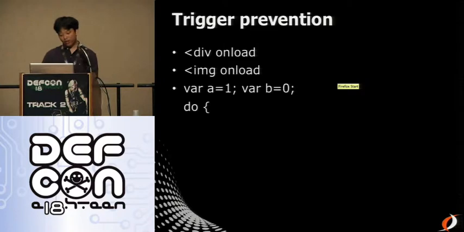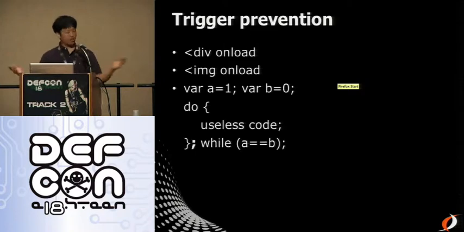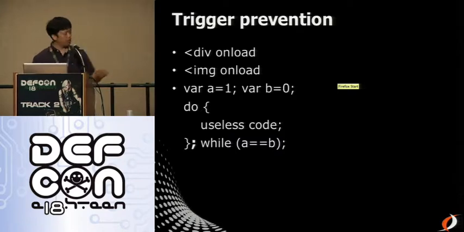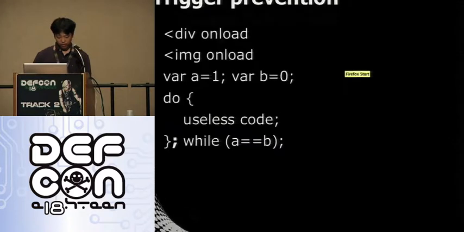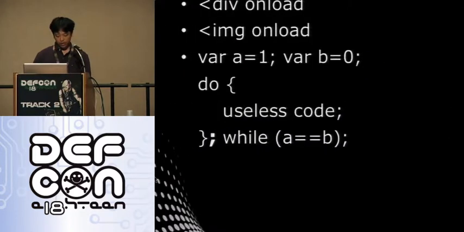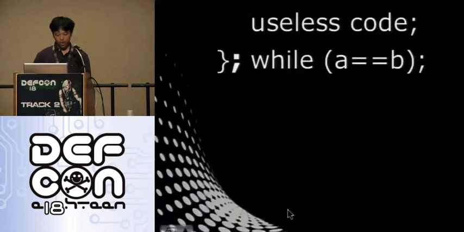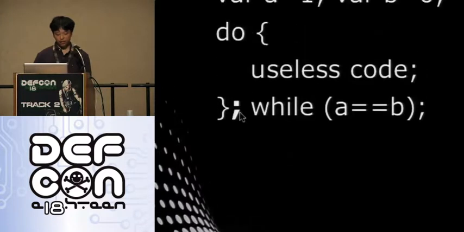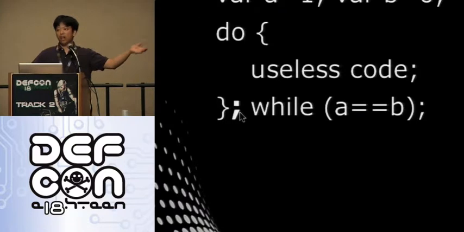A third one is also very commonly used. It's just some arbitrary do-while loop. But if you see here, in the do-while there's an extra semicolon, which is actually a grammatical error.